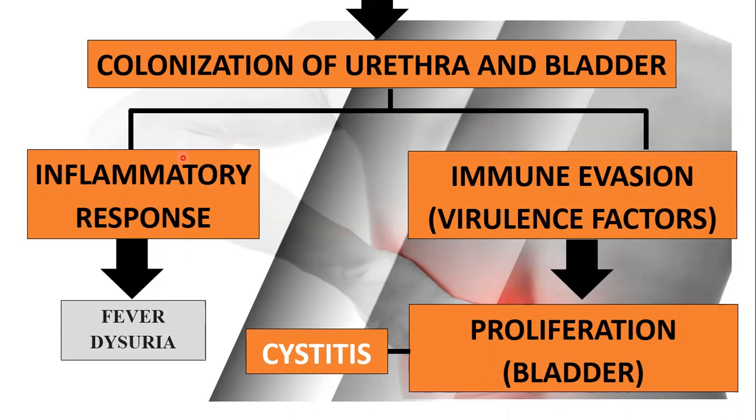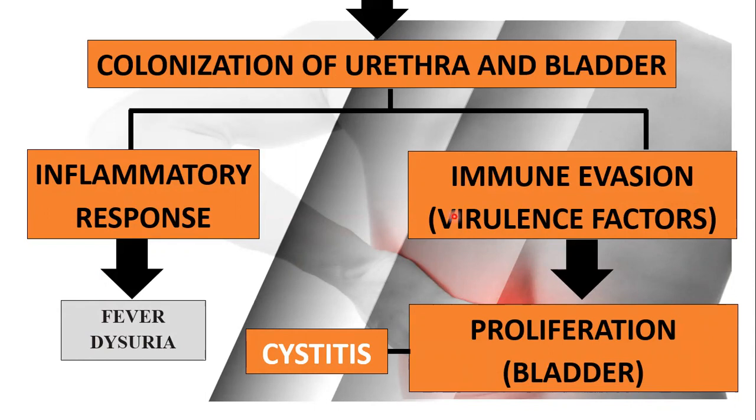As for the inflammatory response, the bacteria would trigger the release of pro-inflammatory mediators and the release of interleukins like interleukin 1, interleukin 6, and tumor necrosis factor. And also, it would lead to an increase in the neutrophils in the epithelium. This would be manifested by the patient as fever and dysuria or painful urination.